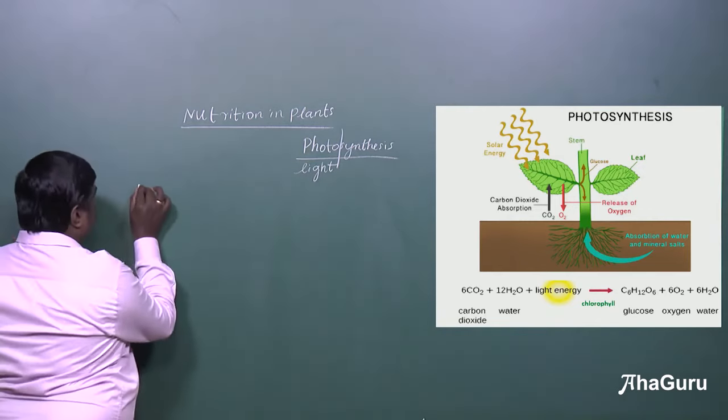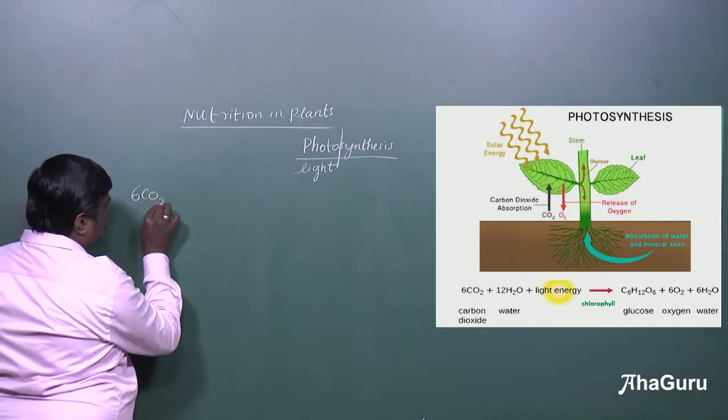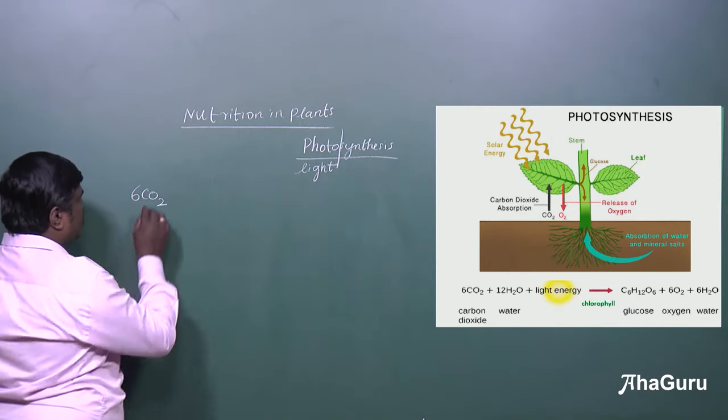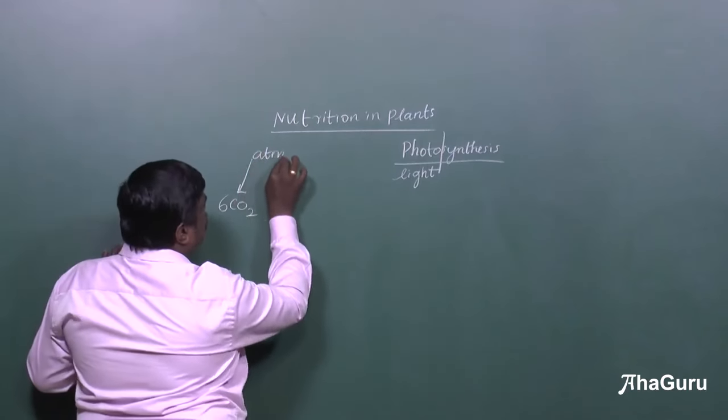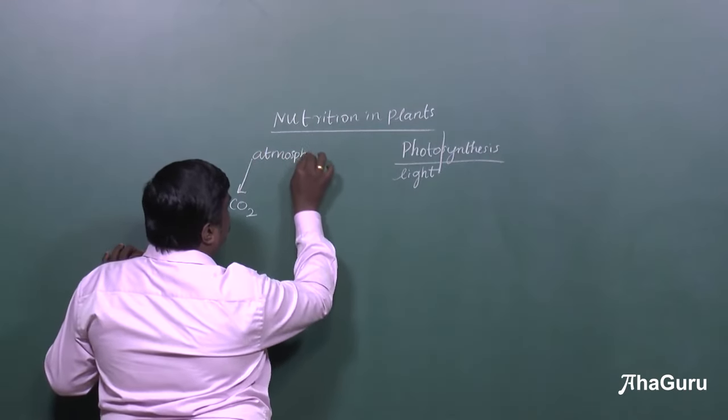Plant takes 6 molecules of carbon dioxide from the atmosphere, because the atmosphere contains carbon dioxide, right?